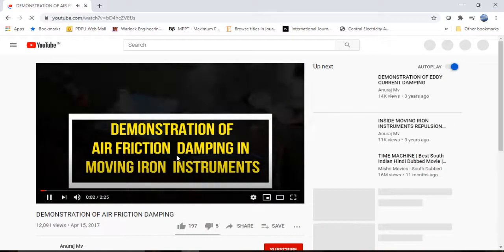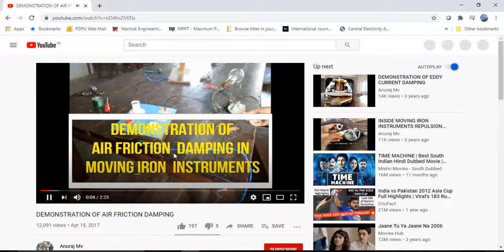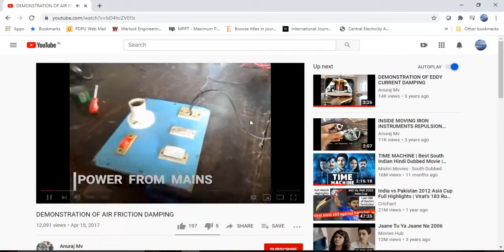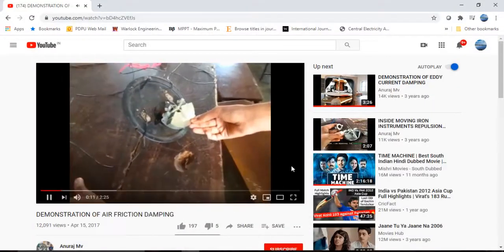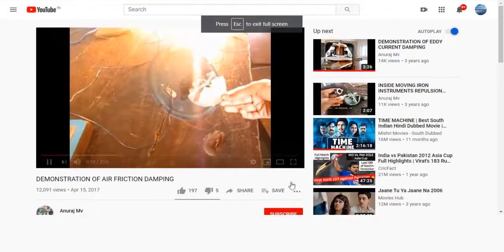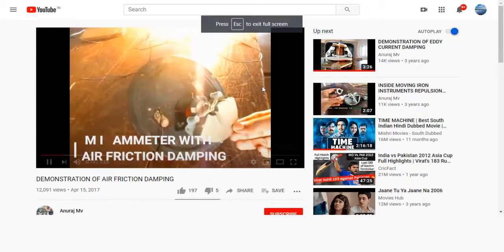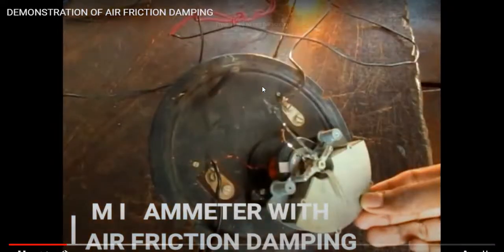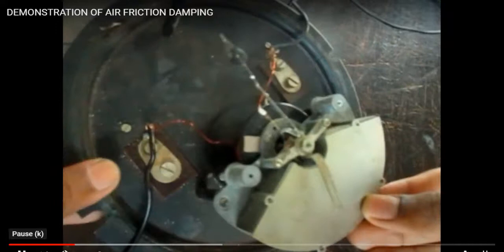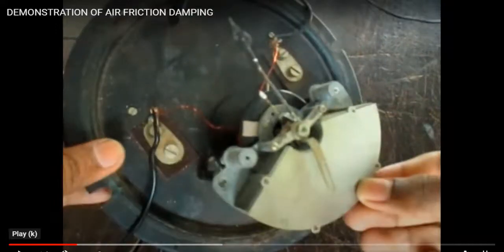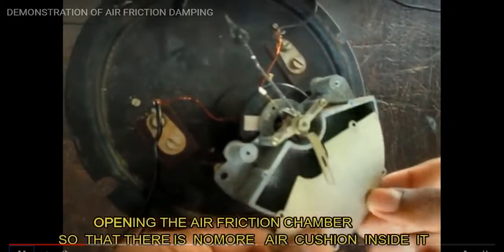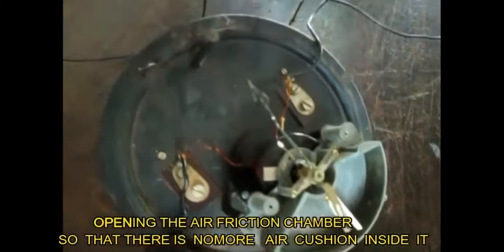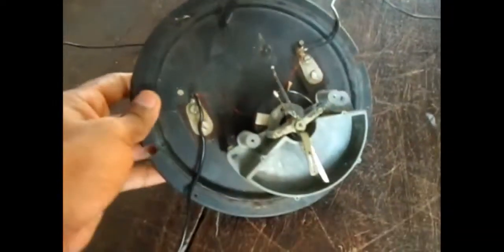Here is a video of air friction damping for a moving iron instrument, and we are checking the air friction damping. See how the torque has been initiated by applying the various quantities to the meter, and how the pressure difference will occur.